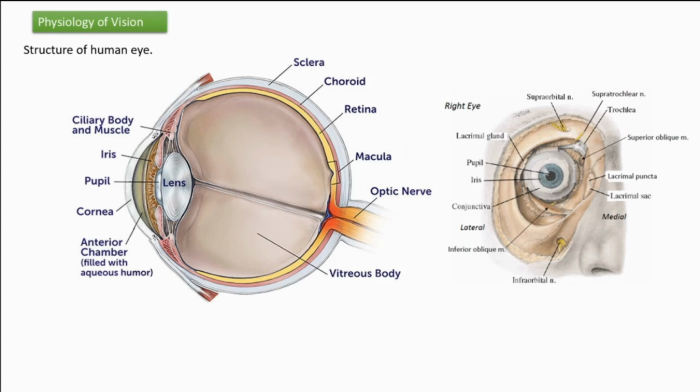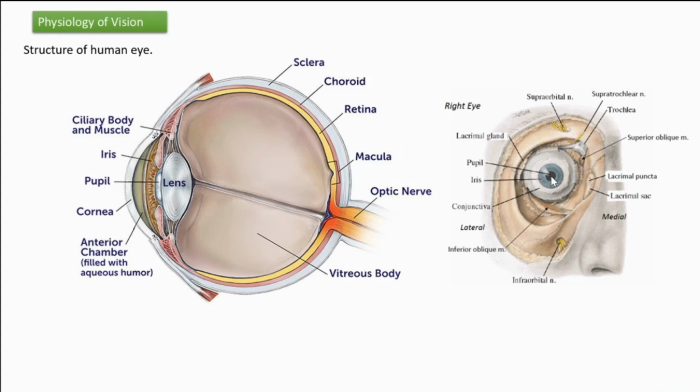And this iris contains so many muscles. With the help of these muscles, and one more point here, in the center of the iris there is a small opening called pupil.